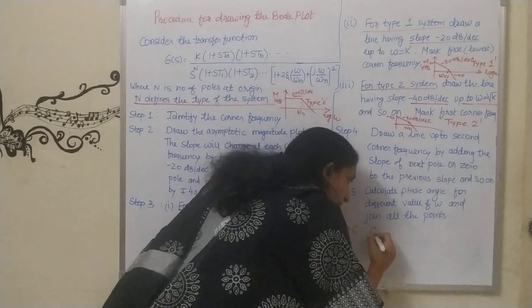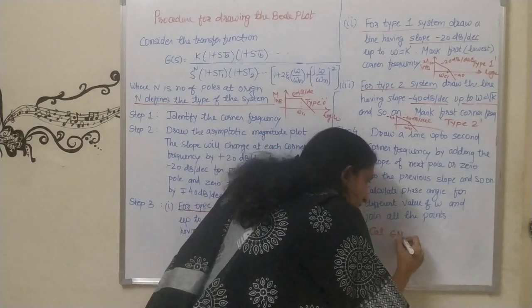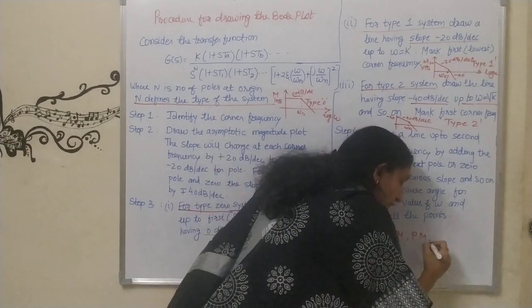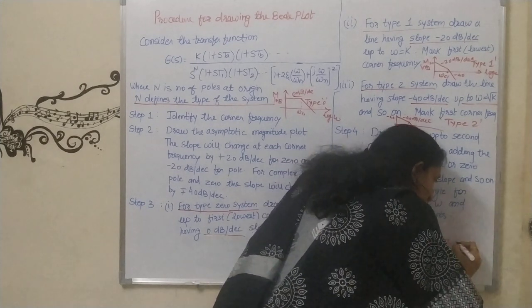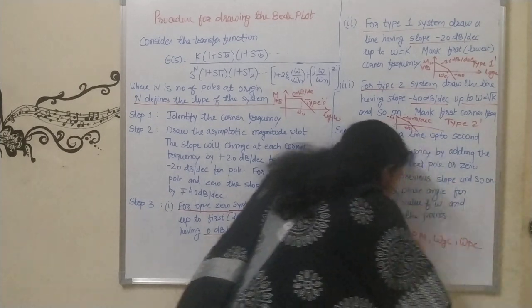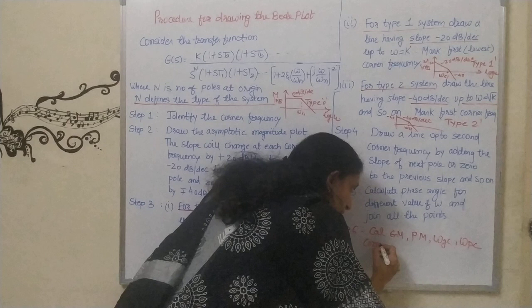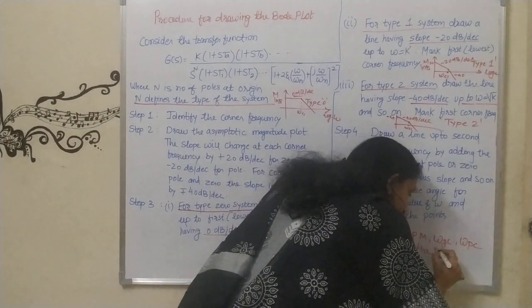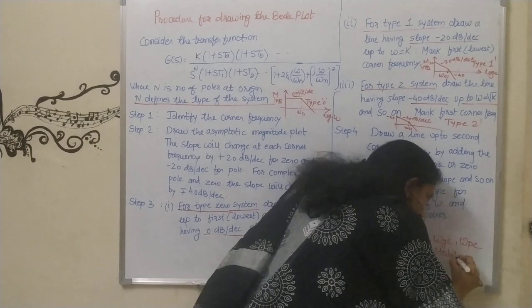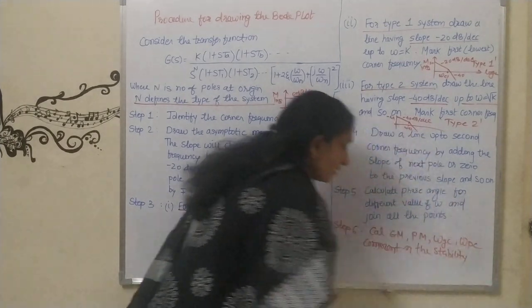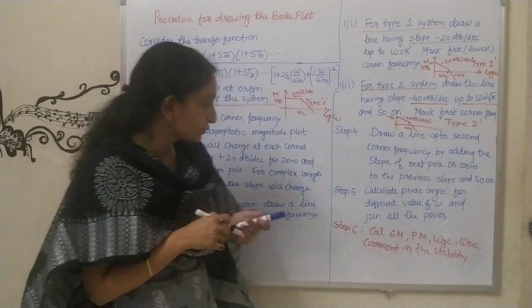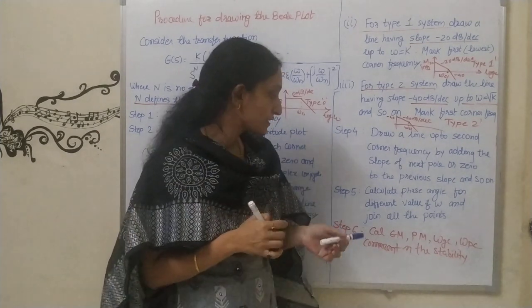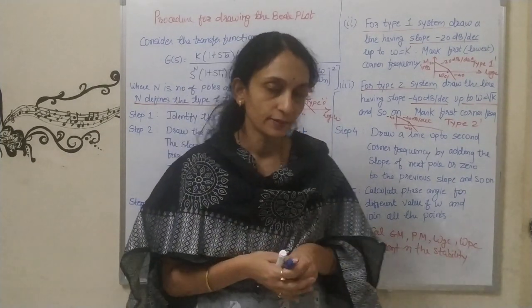You need to calculate gain margin, phase margin, omega GC, omega PC, and comment on the stability. This is an important thing. We have already seen how to calculate gain margin, phase margin, omega GC, omega PC.